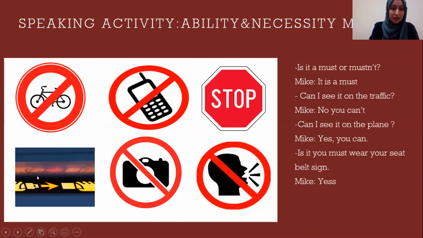The only last place that they can probably guess will be that. So they will be asking, can I see it on the plane? Mike will tell, yes, you can. So maybe all of the students will be asking, is it the you must wear your seatbelt sign? And Mike will say yes. This is probably the most basic activity, but it really provides a good collaboration between all of the students, and young learners really like guessing and inferencing something.